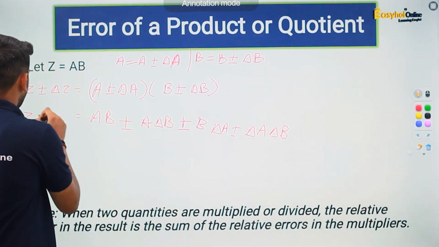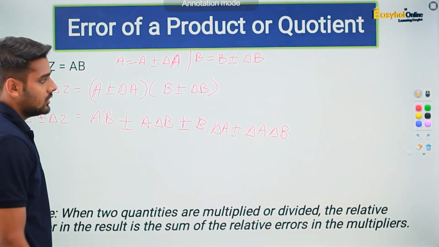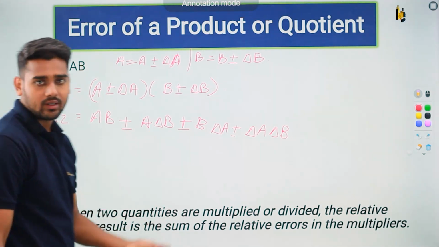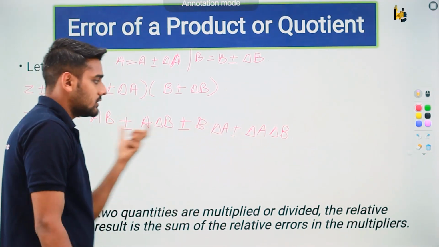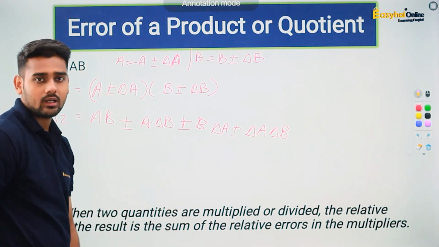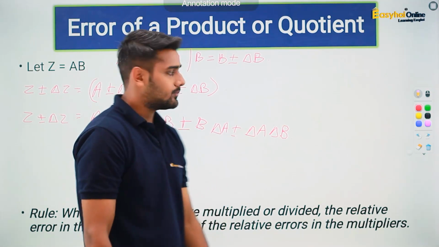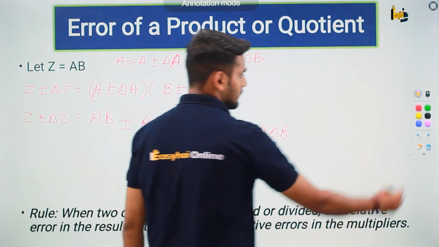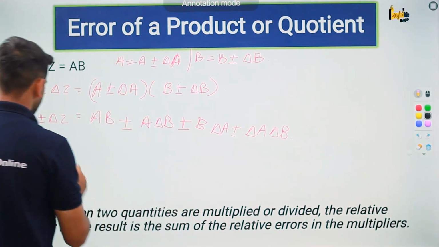Here once again you had Z plus minus delta Z. Now the next step, just to simplify this, I can take AB common from the right-hand side, and I can take Z common from the left-hand side.